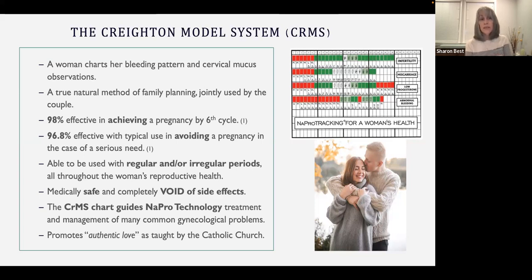It's 96.8% effective in using this to avoid a pregnancy, again, with a serious need. That's in normal fertility. So it can be used with women with regular or irregular periods. And obviously it's safe and totally void of side effects.